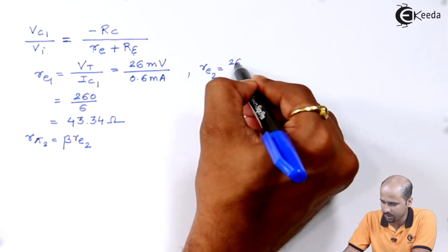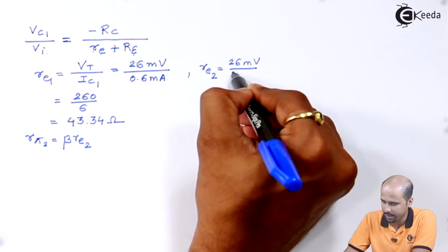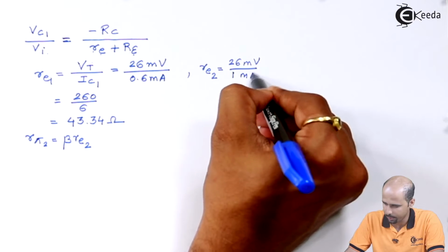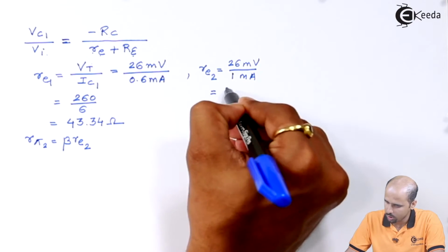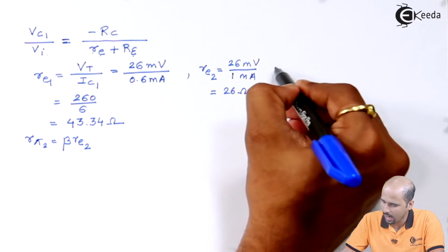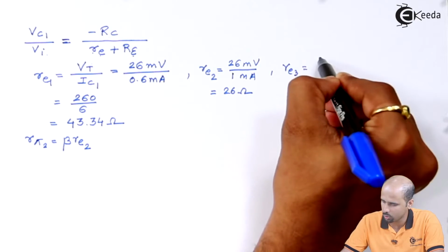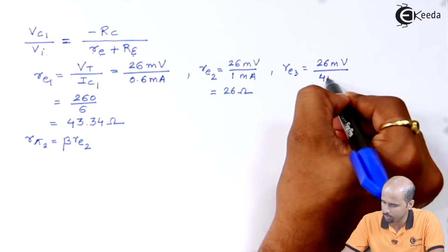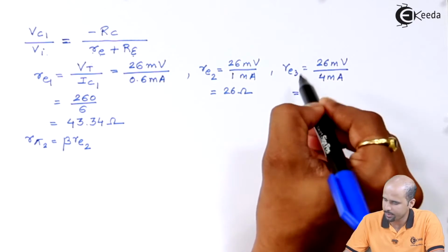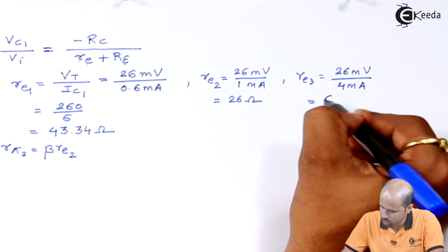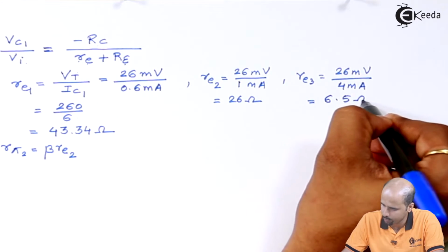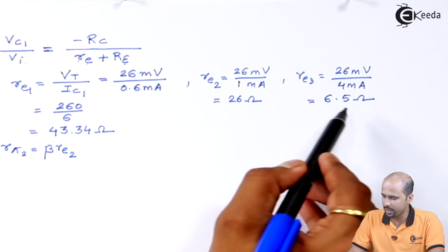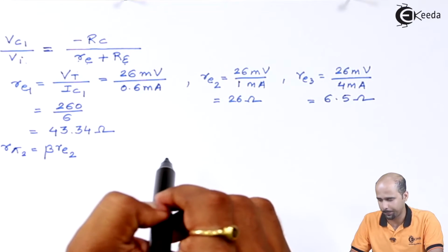So re2 is nothing but 26 millivolts divided by 1 milliampere, and that will come out to be 26 ohm. re3 is equal to 26 millivolts divided by 4 milliampere, and that is coming out to be 6.5 ohm, right?